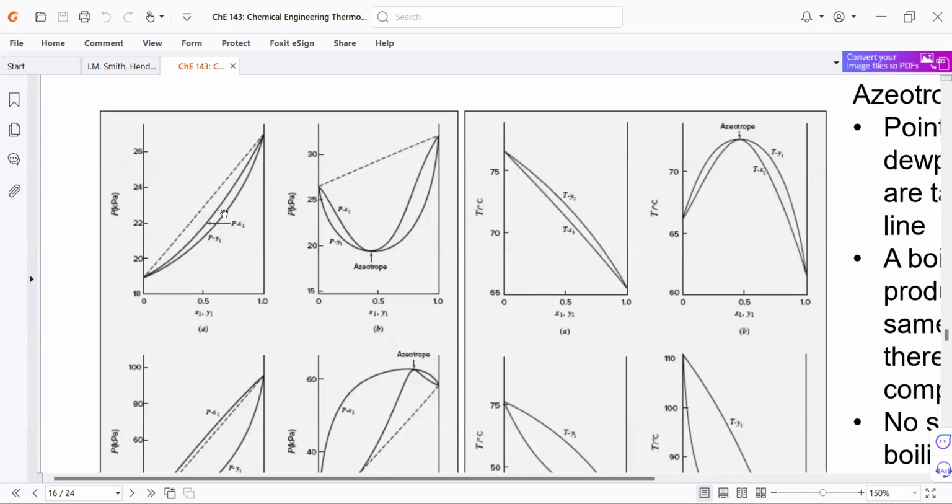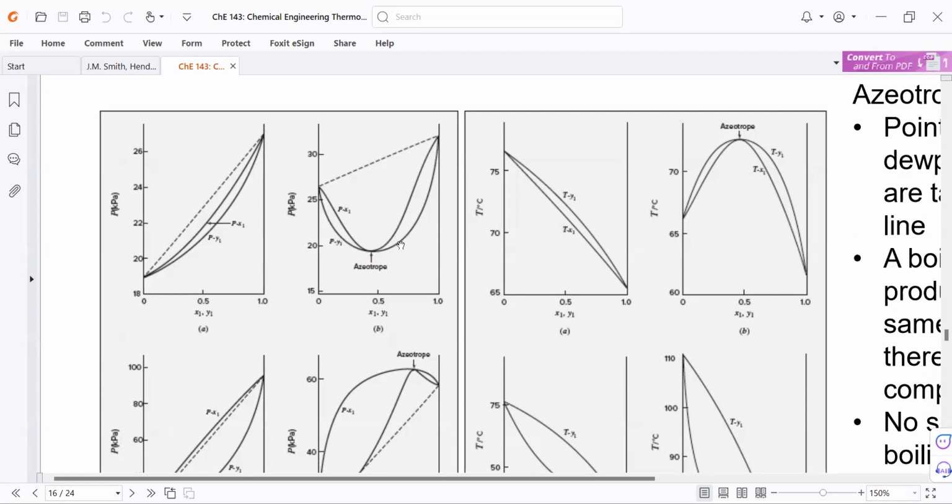There's also a situation wherein the negative departures from linearity become sufficiently large relative to the difference between the two pure species vapor pressures. If that happens, the deviation is sufficiently large, the Px curve exhibits a minimum.